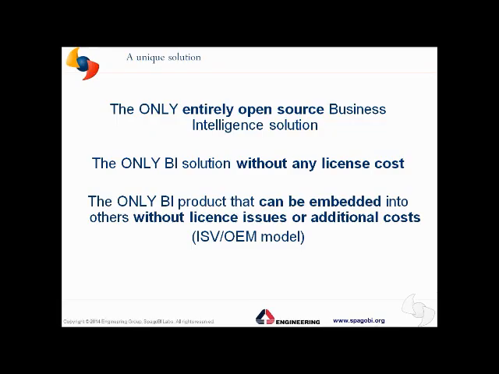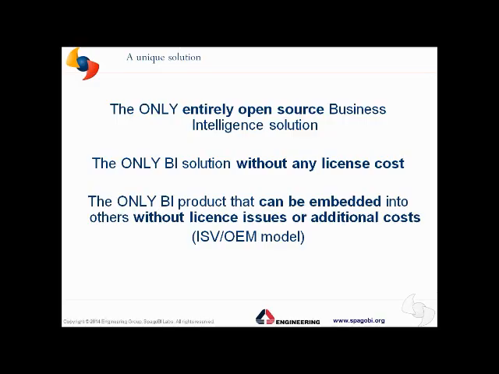SpagoBI is entirely open source. This means there is no double licensing system, which is very common. Very few open source vendors that remain on the BI market typically have a double license system. So you have a community edition, the express edition, and then you have the fully working edition with all functionalities.